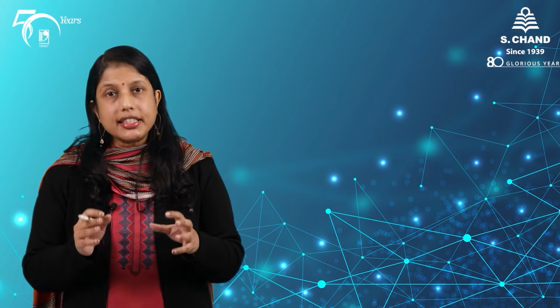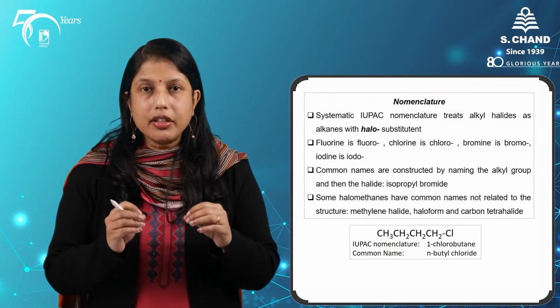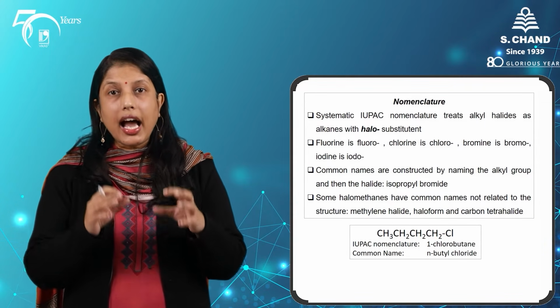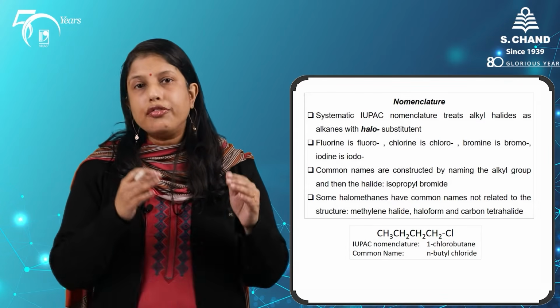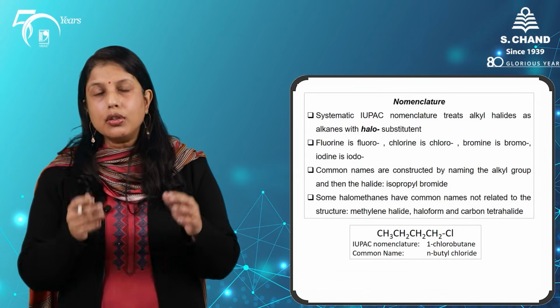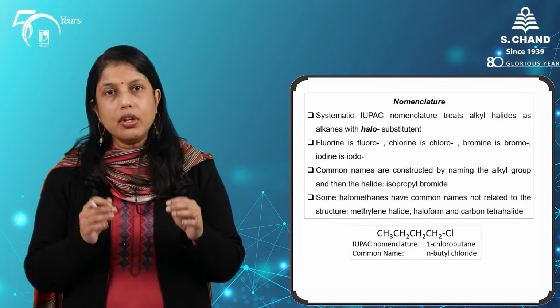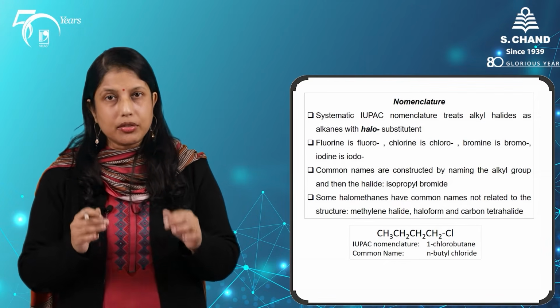So there are two distinct ways in which we can name our alkyl halides. The systematic or the IUPAC nomenclature treats the alkyl halides as a haloalkane. So fluorine becomes fluoro, chlorine is chloro, bromine is bromo and iodine is iodo.